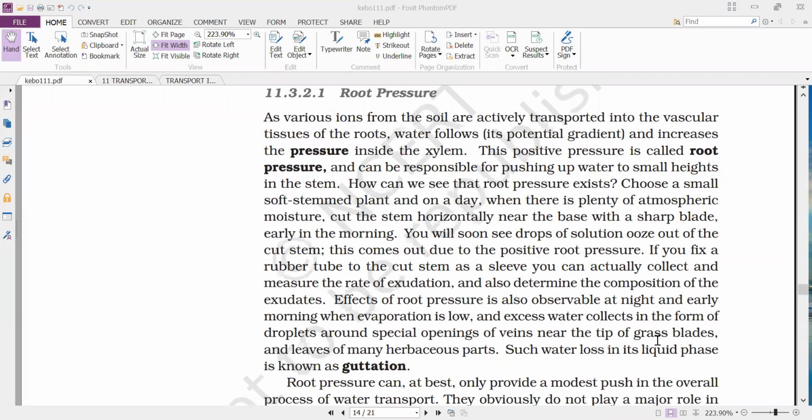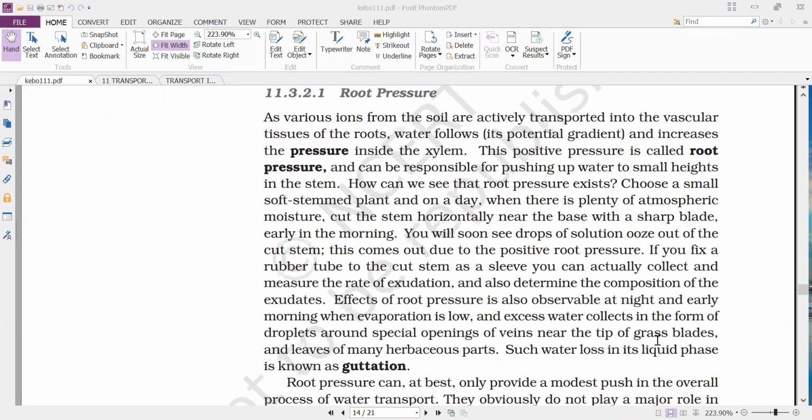These exudates are coming because of the root pressure.